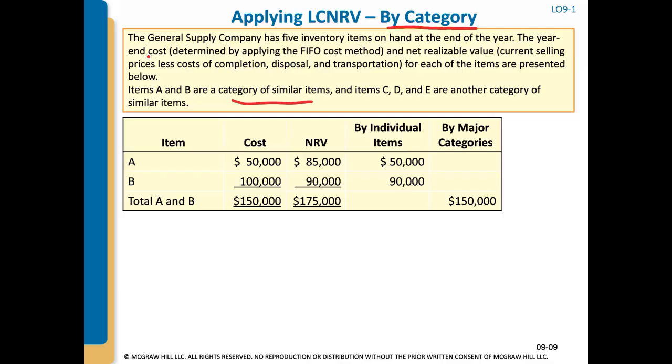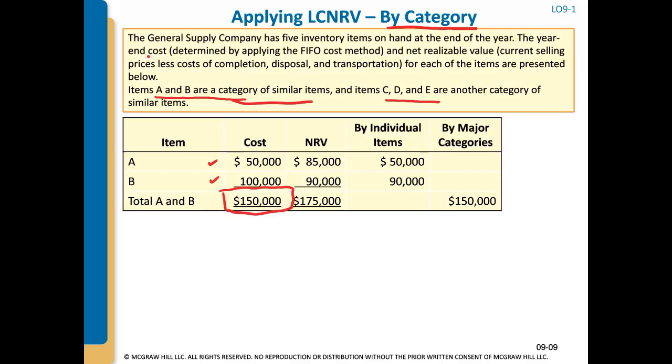In this situation, we're told that items A and B are a category of similar items, and items C, D, and E are another category. So the way we would do this is we look at items A and B, and the cost is 50 and 100. So we look at that total. That's our total cost.